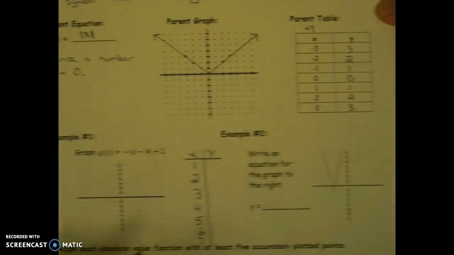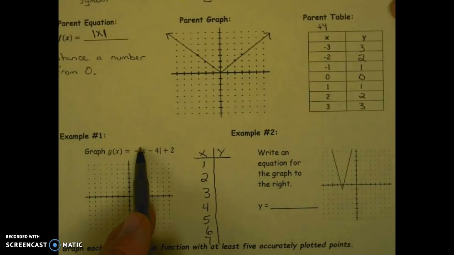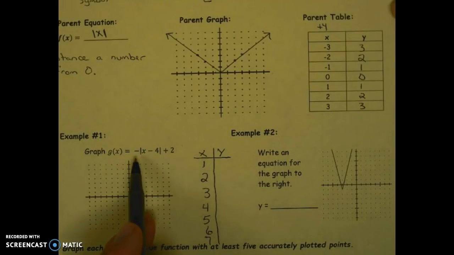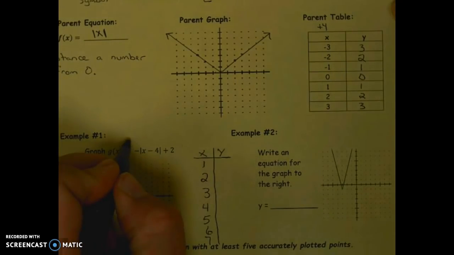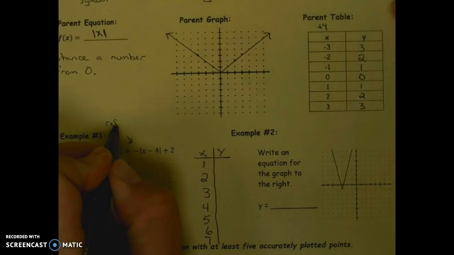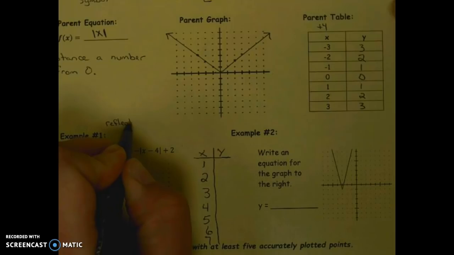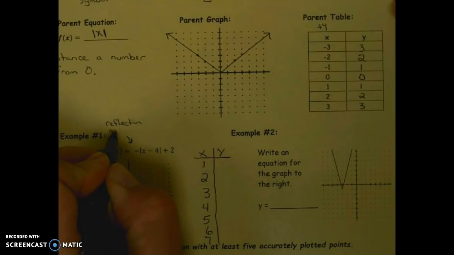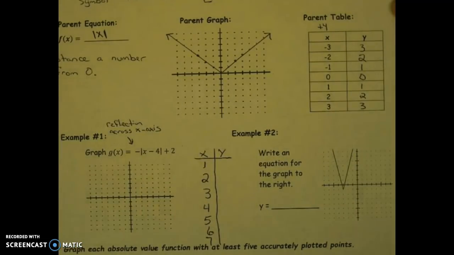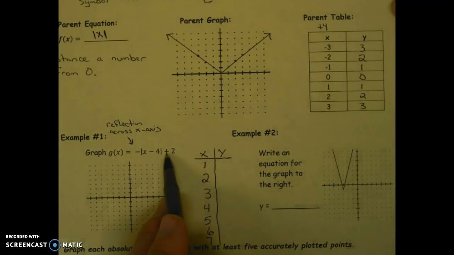Now, what's happening to the y values? Remember, our vertical change happens on the outside. So it looks like we have a reflection. The -1 on the front is a reflection across the x-axis. And then we have a translation, a vertical translation of 2 units up.